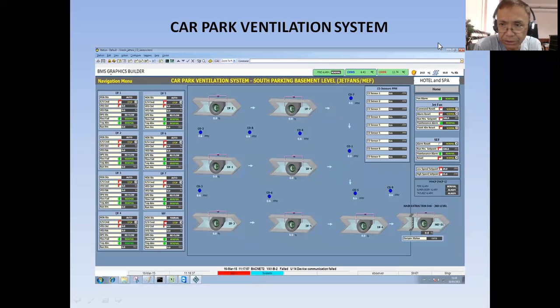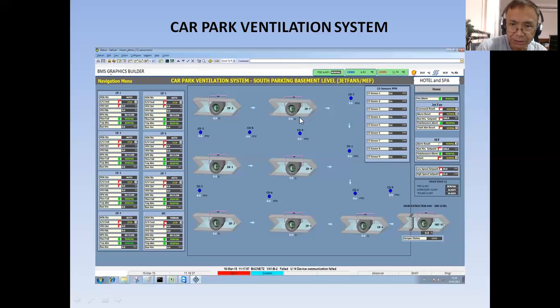Now, what are the components of this car park ventilation system? Actually, in this ventilation system, we have 7 jet fans, 1, 2, 3, 4, 5, 6, 7, and one main extraction fan with damper. In this damper, we have a damper operator.